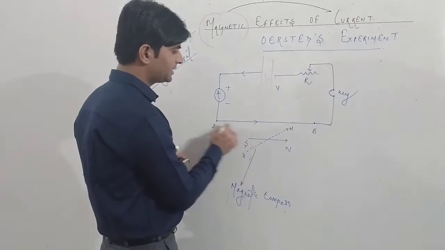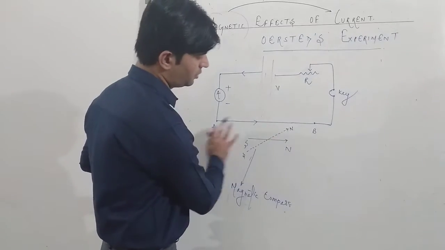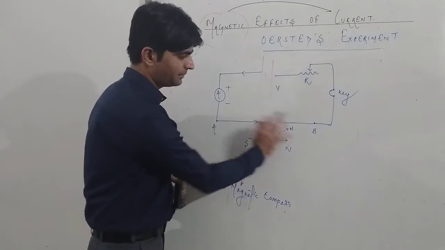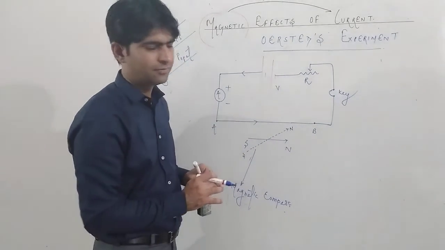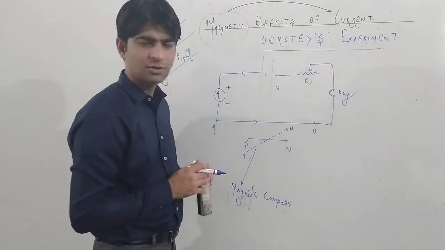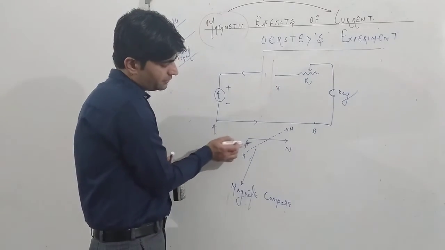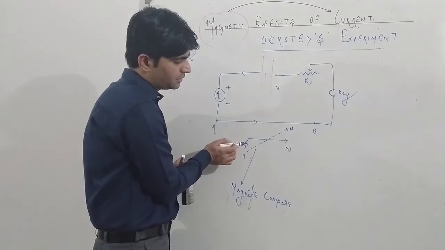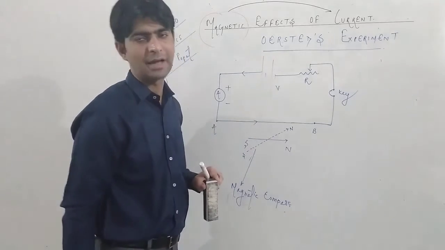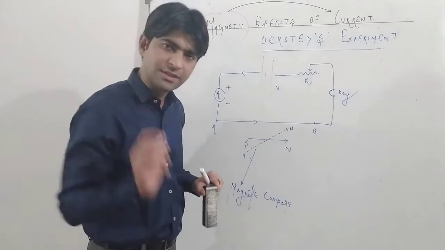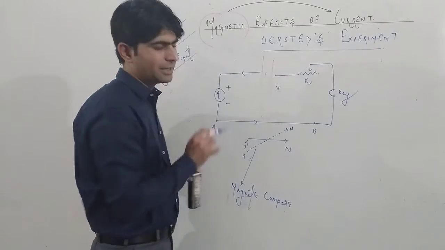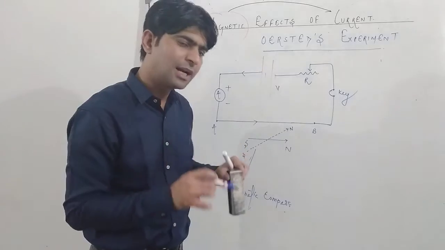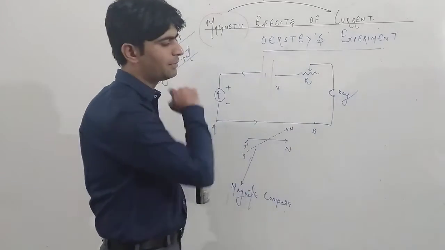And in this section AB, this is our section of analysis. This is wire AB. In this we are going to study the production of magnetic field. So as soon as the key is kept closed, the observation is the deflection of the magnetic compass, which justifies that there exists a magnetic field around the current carrying conductor, because if there is no magnetic field, there will be no deflection in the magnetic compass.